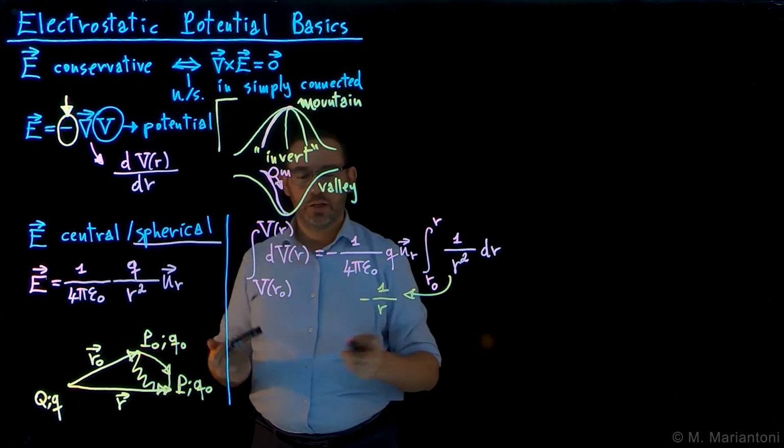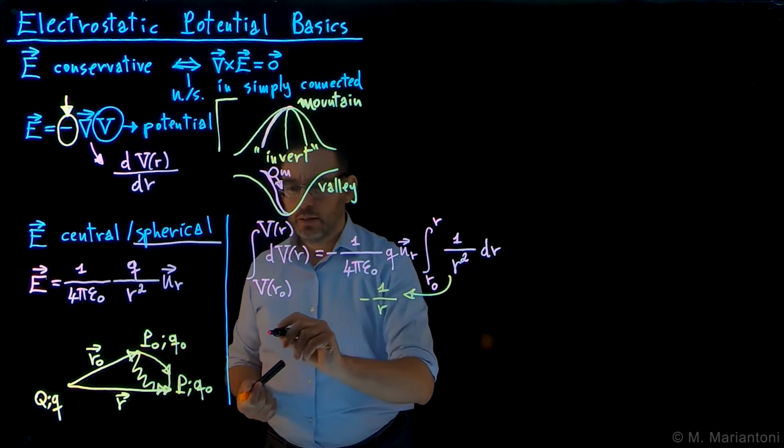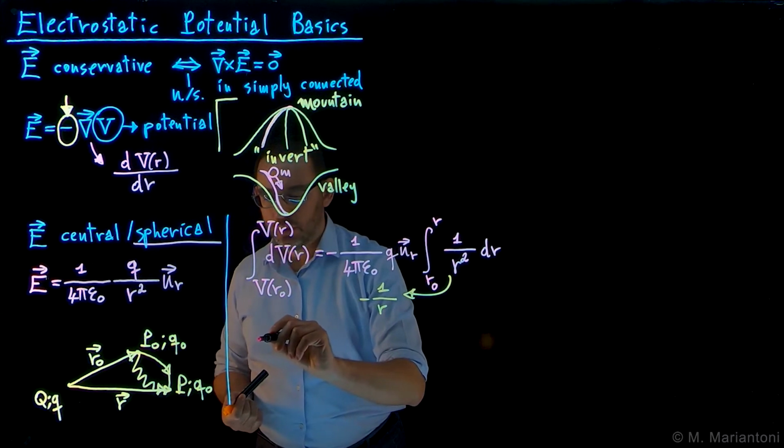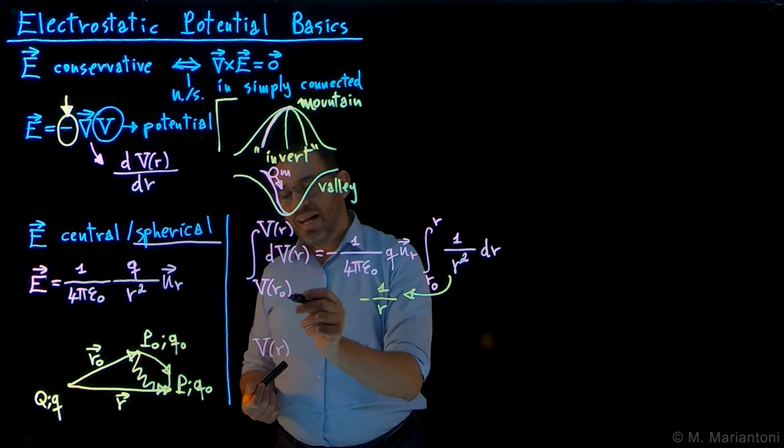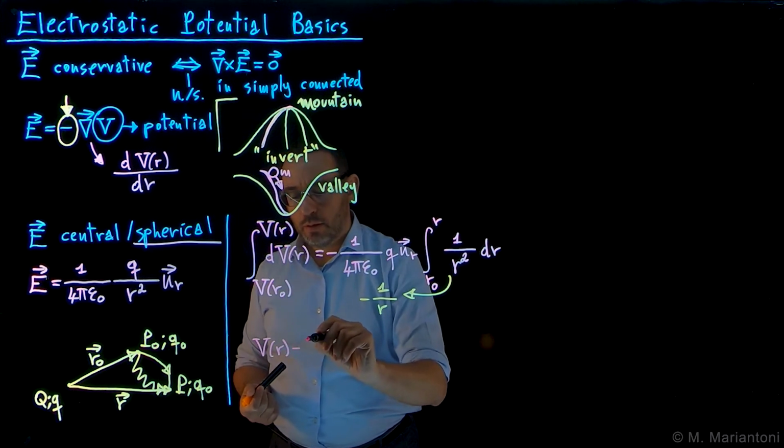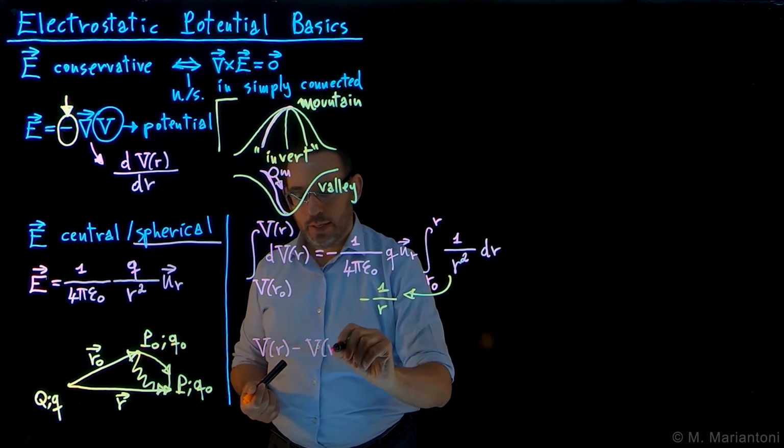So let's continue our calculation. So here we obtain the total differential, which is V at r minus V at r naught.